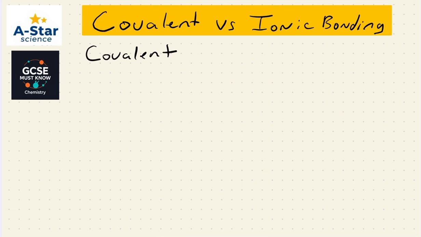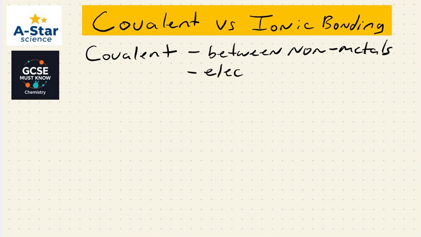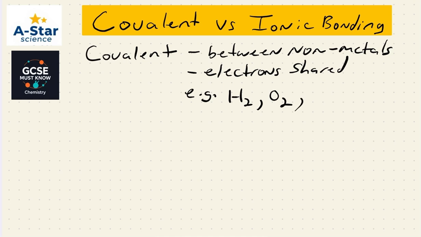Covalent bonding is when we have bonding between two or more nonmetals, and electrons are shared. An example of this would be any of the diatomic gases like hydrogen and oxygen.